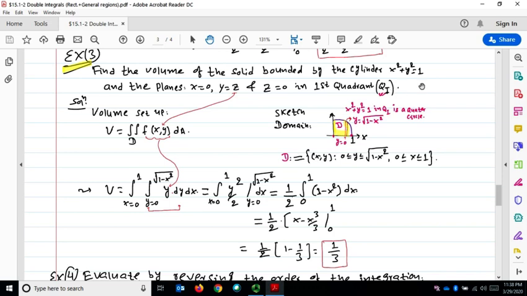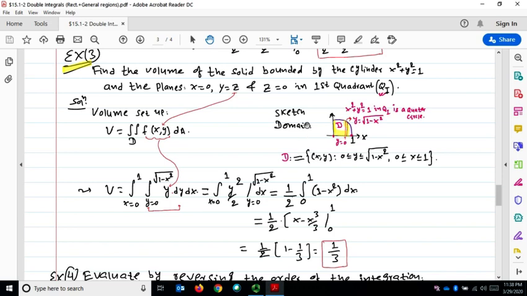Great. So let me talk about the volume setup first. The volume setup is V equals the double integral of f(x,y) over D, and the double integral is with respect to dA. Now let's discuss the domain first, then it's easier for us to determine the limits, or the bounds, of x and y.